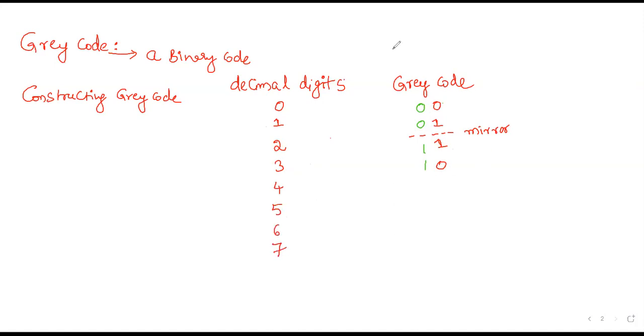Now place a mirror. When you place the mirror, 1, 0 will appear here, 1, 1 here, 0, 1 here, and 0, 0 here. Now fill the upper bits with 0 and the lower bits with 1.